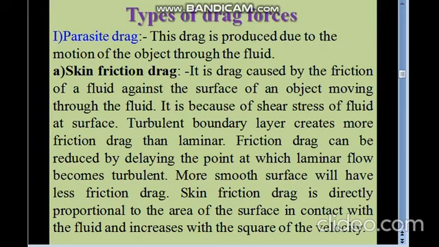Now a question comes: how to reduce the friction drag? One way is to delay the point at which the flow becomes turbulent from laminar. Another way to reduce the skin friction drag, which exists because of the shear stress, is to make the surface smoother.